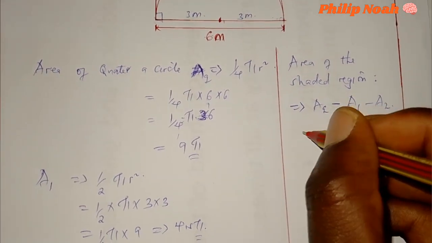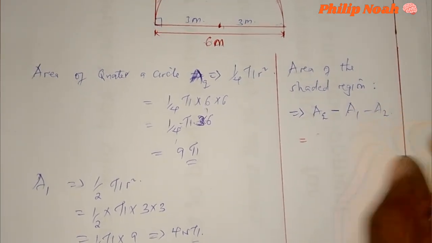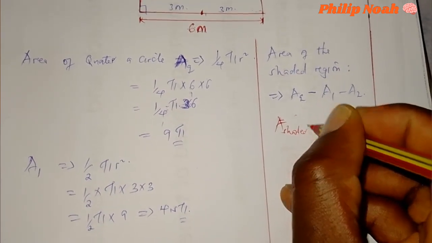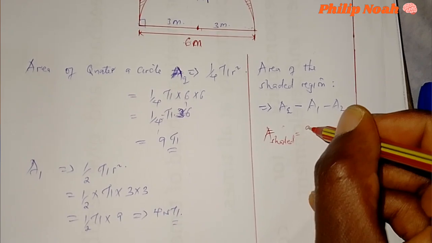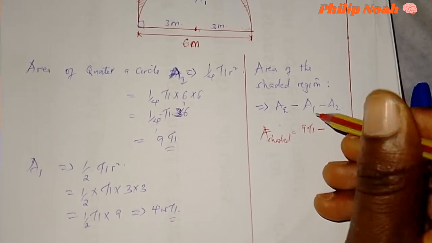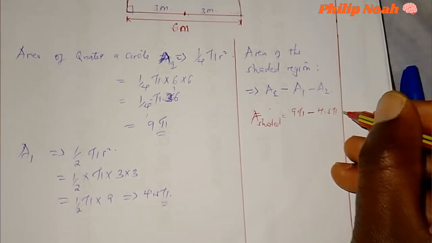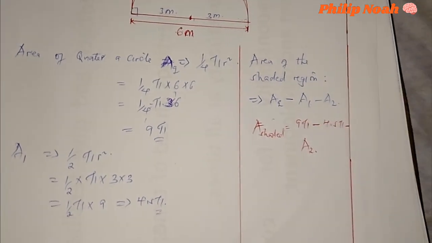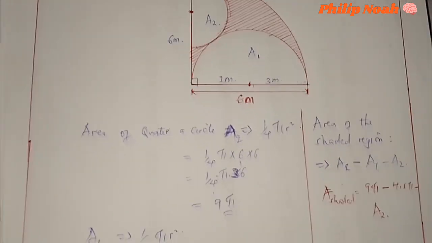So we can say area of shaded is equal to the area of the quarter circle, 9 pi, minus area 1, which we have gotten as 4.5 pi, then minus area 2, which we have not gotten yet. Are we there? So area 2 is the area of this semicircle.